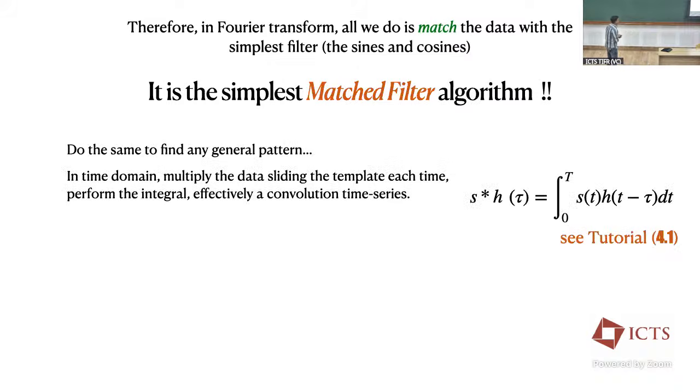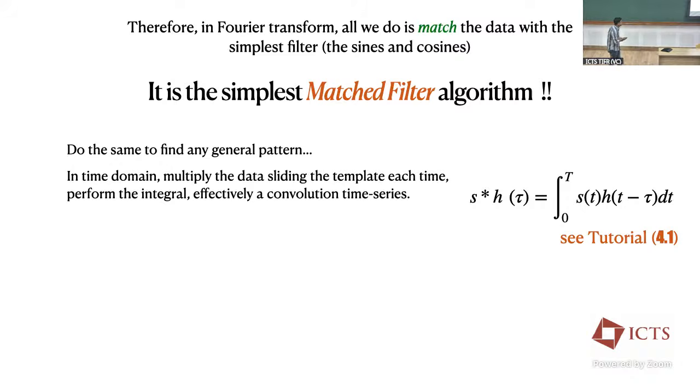Extending this argument, formally we can do the same for any general pattern. That is, the gravitational wave templates that we have, that Priyanka generated yesterday. Instead of sines and cosines, we'll use those chirp signals, slide them across the data, and calculate a convolution time series.